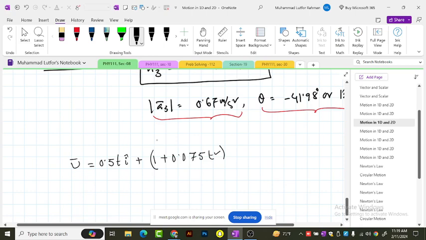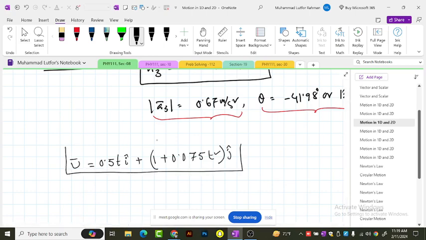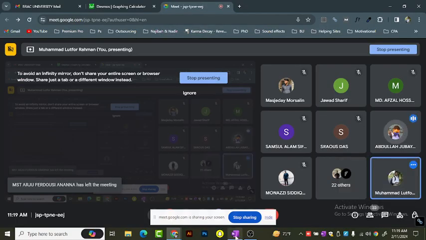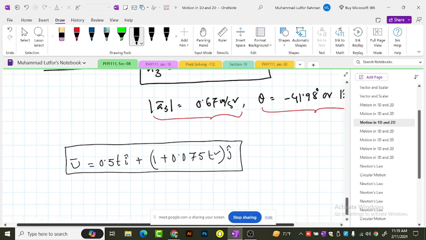This is the total y component. This is the x component because it is along i hat. So it was minus 0.5 t. Yeah, thank you. So this is the velocity function, right?